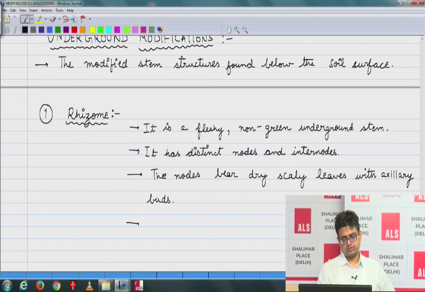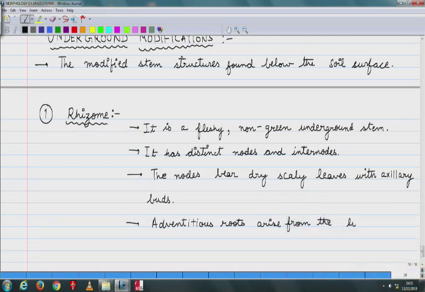Adventitious roots arise from the lower side.